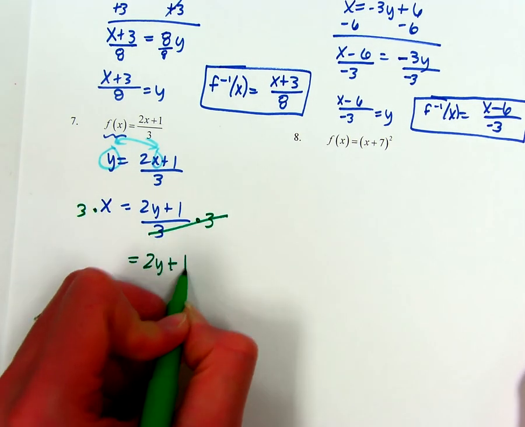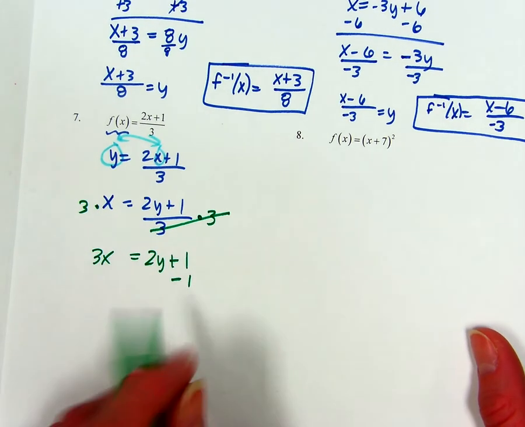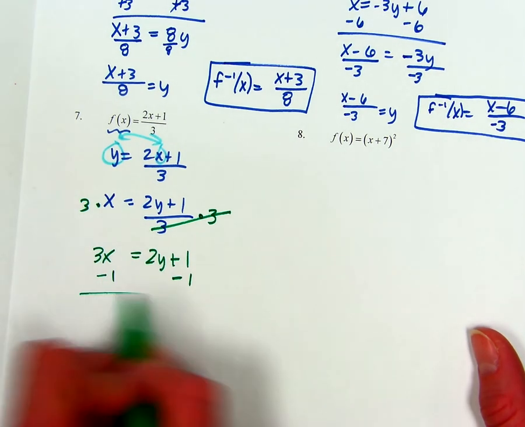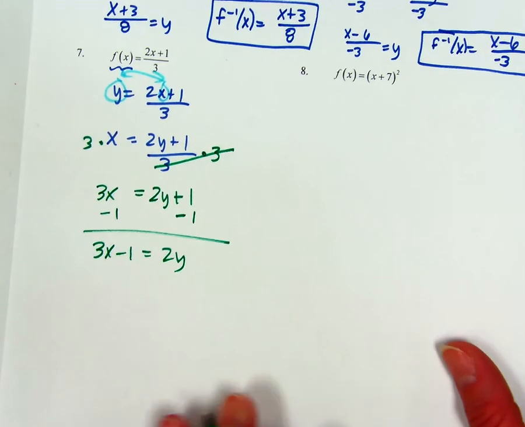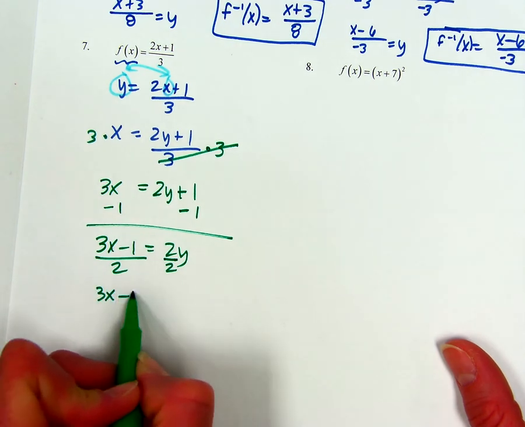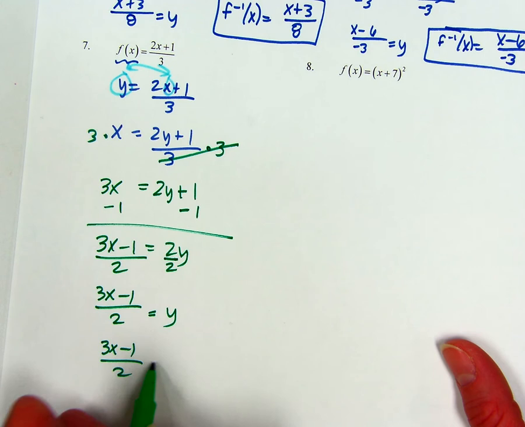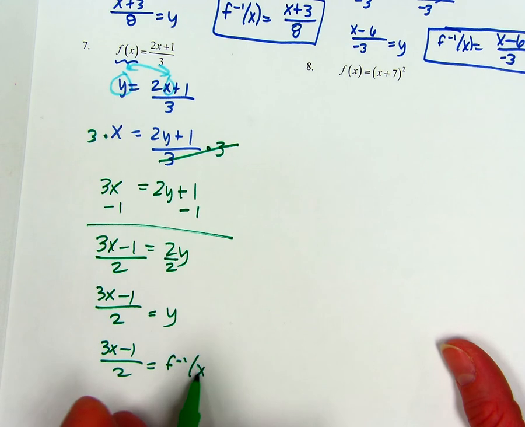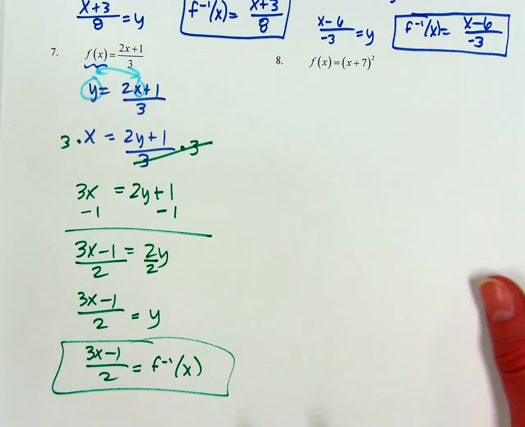So you're left with 2y plus 1. This is 3x. I need to get rid of my addition. So we have 3x minus 1 equals 2y. And then if I want to undo my multiplication, I divide by 2. So 3x minus 1 over 2. Now I'll just leave it on the right side this time. So inverse of f of x equals 3x minus 1 over 2.